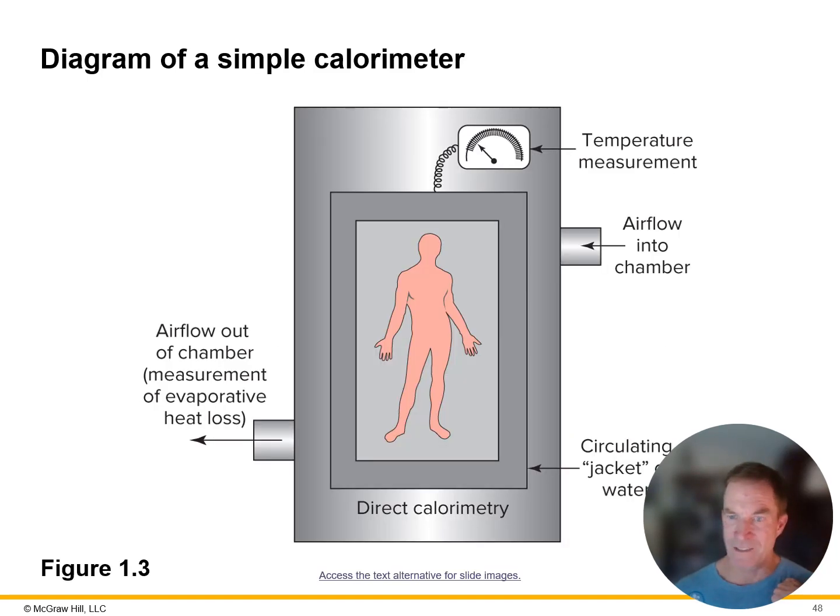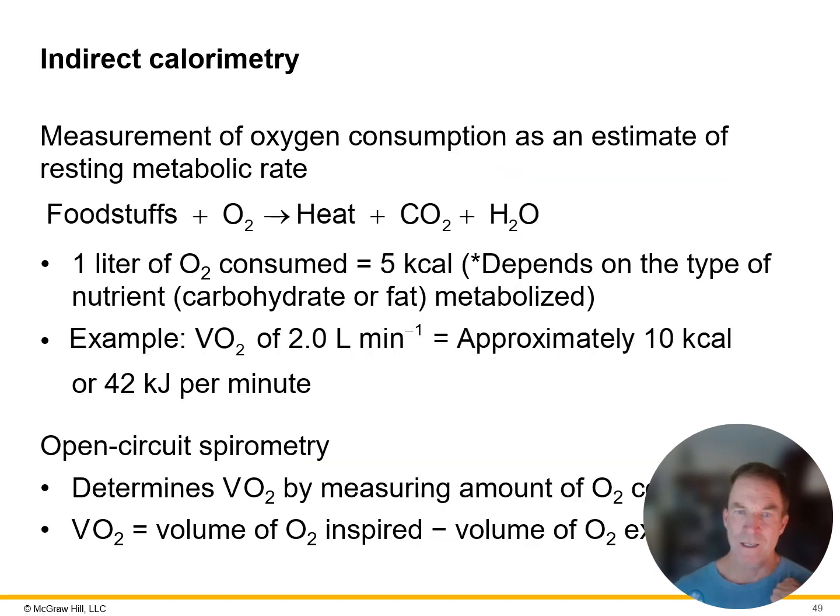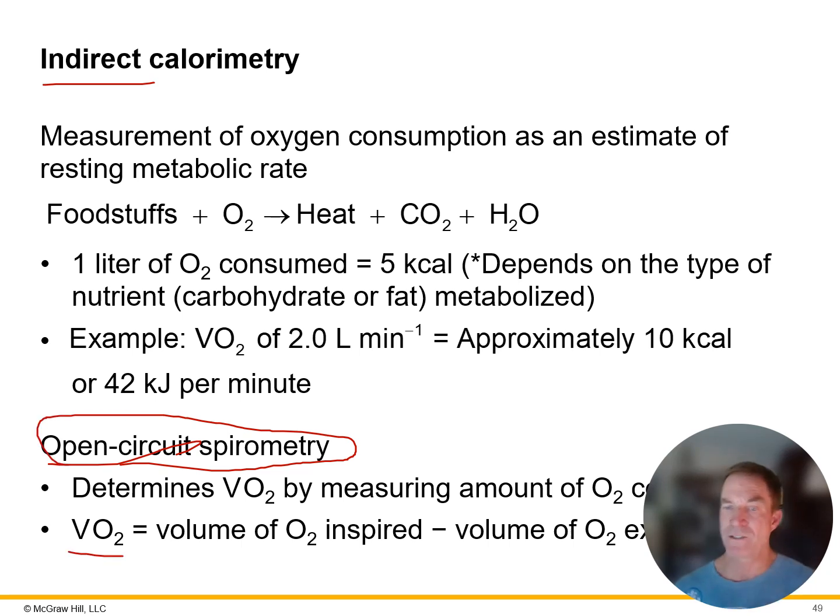And let's not worry about the details on how they calculate this. But again, back to the indirect, which is using somehow a treadmill or whatever, but they're measuring the oxygen, the VO2 that you're consuming.